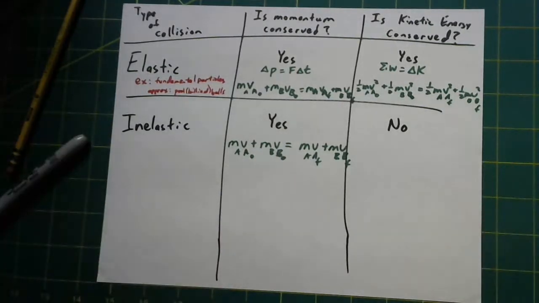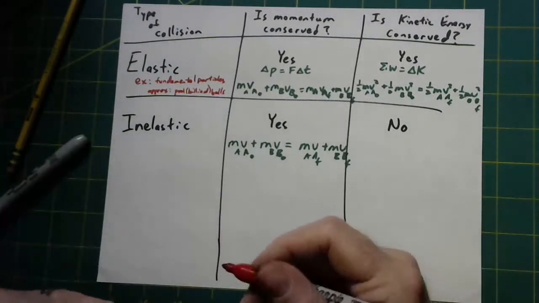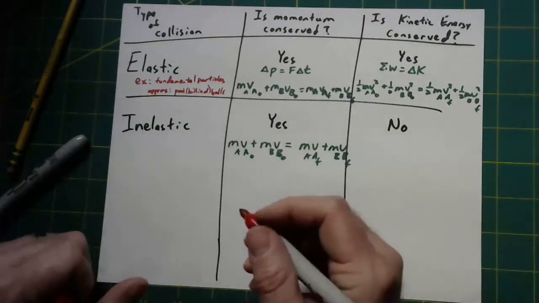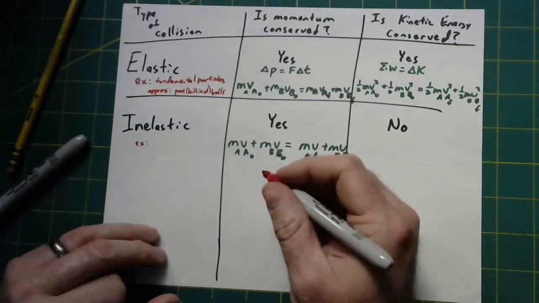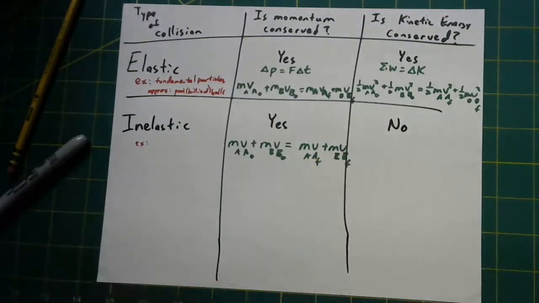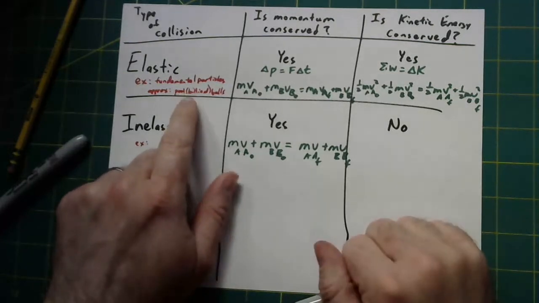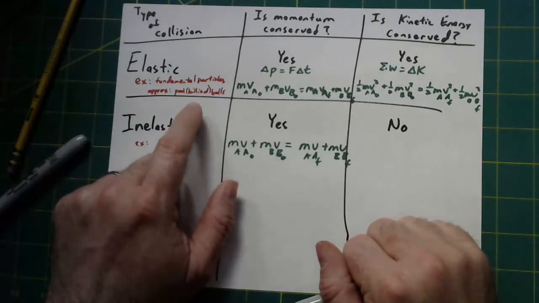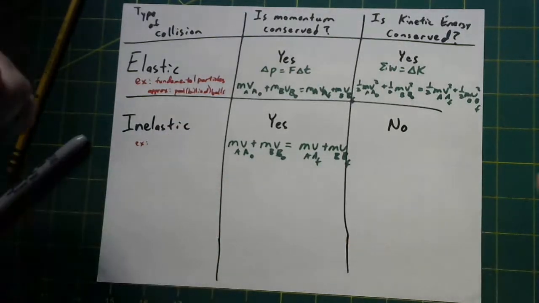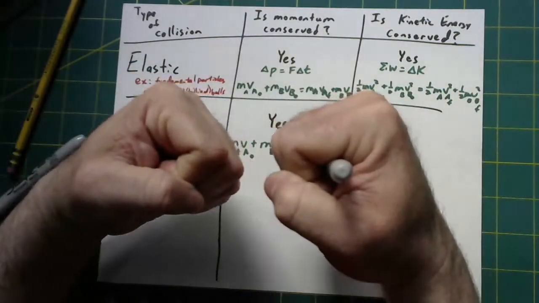Inelastic, then, is pretty much every other collision. Pretty much everything other than that is going to be inelastic. The other thing we'll sometimes do is, if I have objects that interact electrically or magnetically, they don't actually come in, they kind of repel each other away.